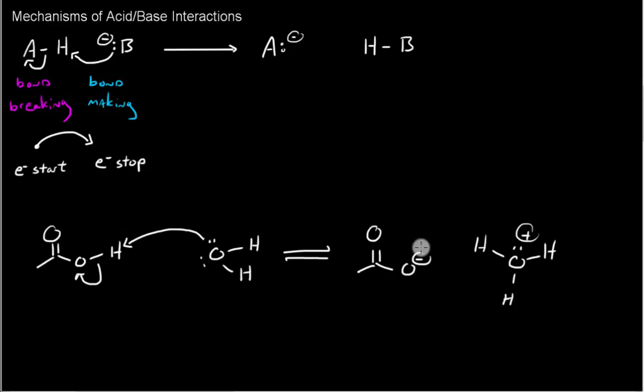So what we would do is we could draw our lone pairs for oxygen right here, and then we could use one of those lone pairs as a base and make a new bond between the oxygen and the hydrogen, and then we could break a bond between the hydrogen and the oxygen. And this would give us the left-hand side of the equation. So if we were going to draw an electron flow to allow us to go back to the left, these would be the arrows that would allow us to do that.